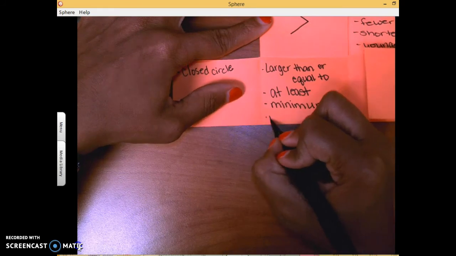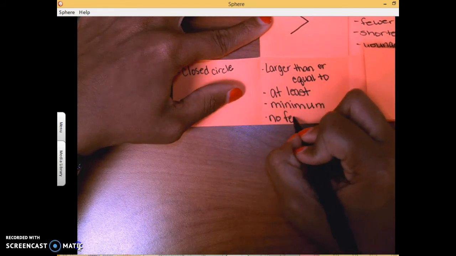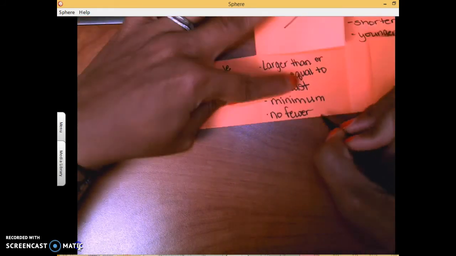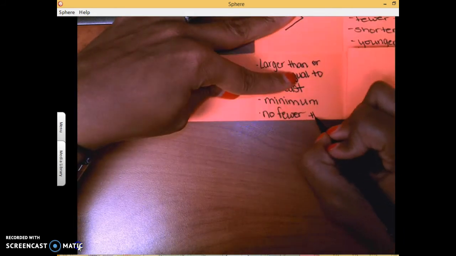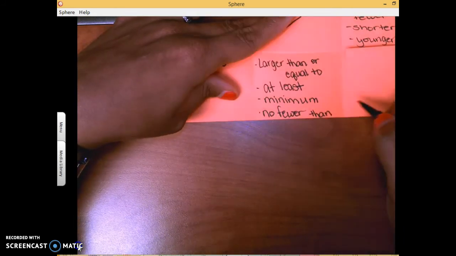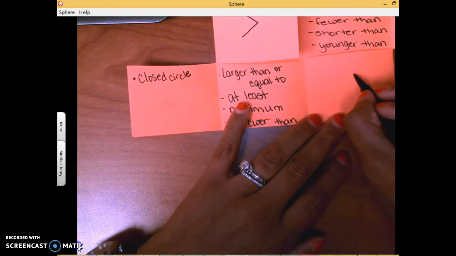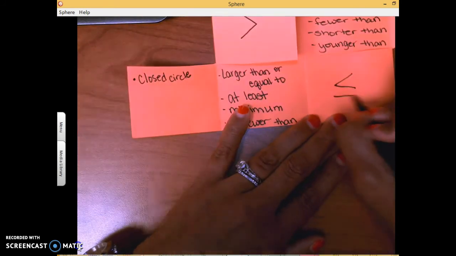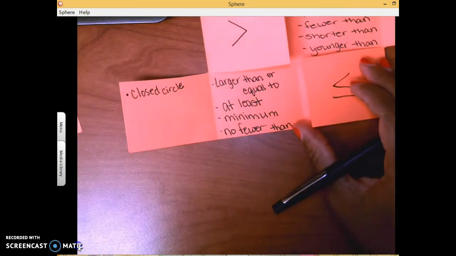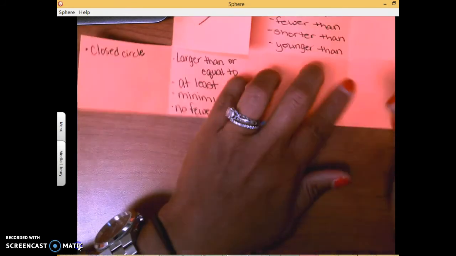And last one, no fewer than. Okay. Maybe if you came up with some extra words, we can discuss it in class tomorrow. I would like that. Okay, then the other one, less than or equal to.